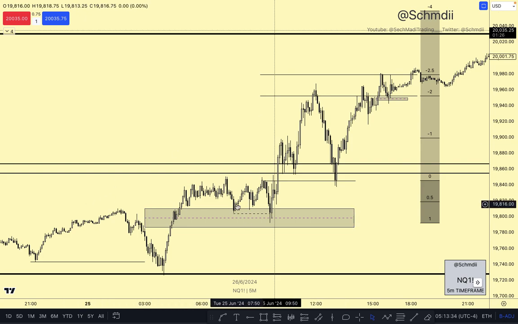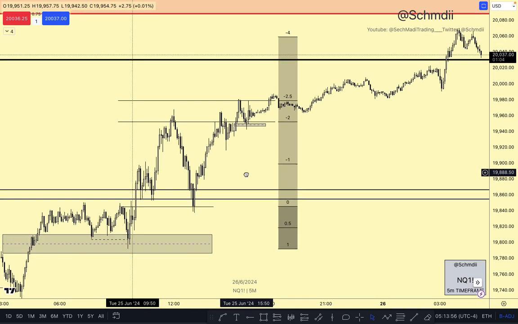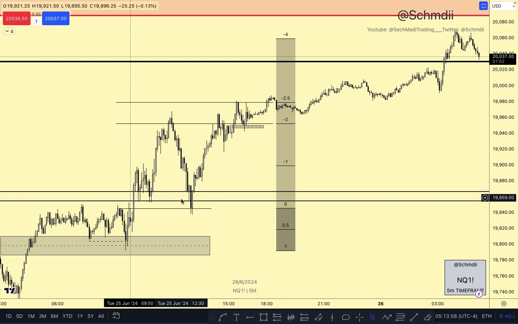So we have obviously that AM direction during lunchtime. If it reaches a significant point or PD array, look for a reversal of that AM direction. So you see in the morning yesterday we were bullish, lunchtime we were bearish, and then we continued through with the AM direction in the afternoon after we got back to a nice place of entry.